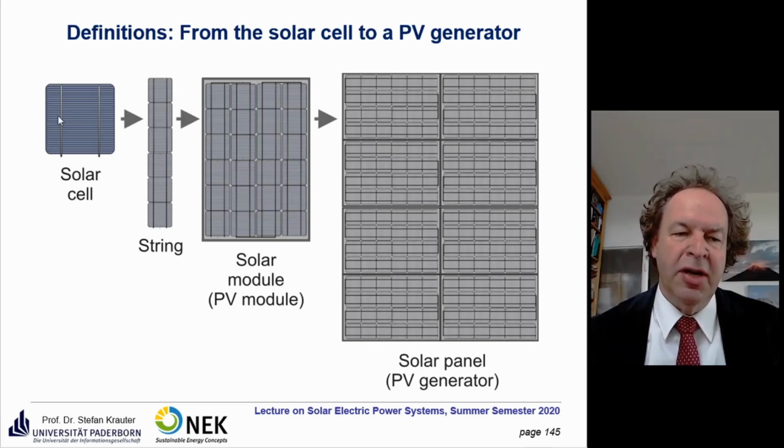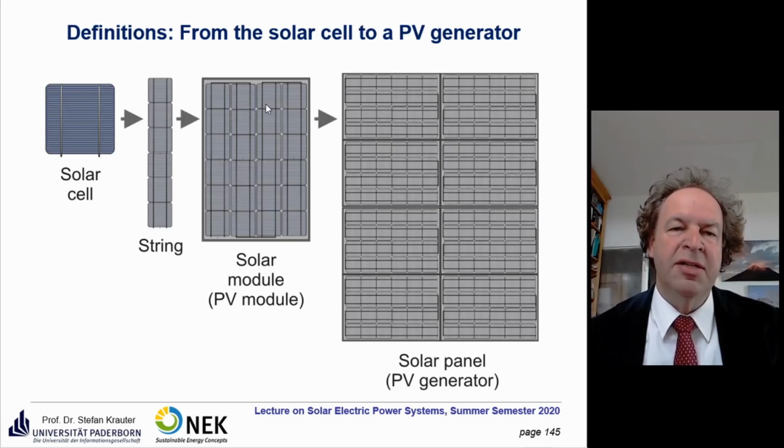We already saw in the manufacturing video that the cells are sorted to have an equal current. These are put together in strings and modules, all cells with an equal current, or within a certain range of short circuit current.